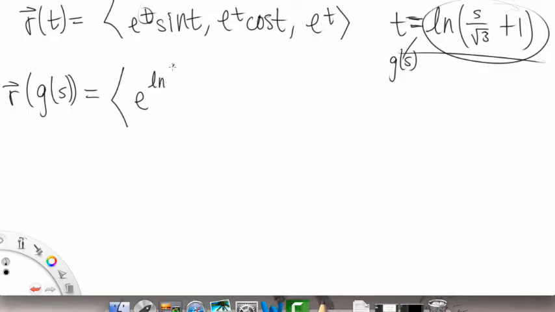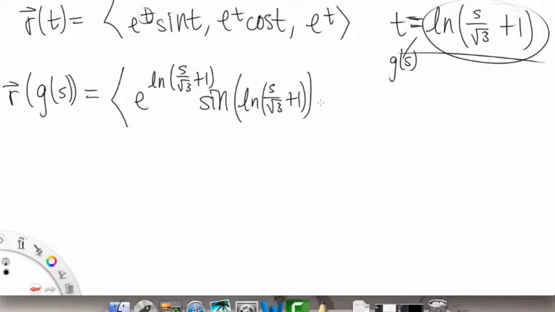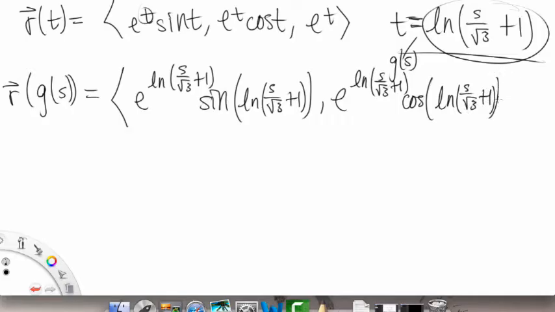So then we're going to plug in ln s over radical 3 plus 1 up there in the power, sine times this thing, ln s over radical 3 plus 1, comma, e to the same thing, ln s over radical 3 plus 1 times cosine of that same thing, ln s over radical 3 plus 1, and lastly, I'm going to squish it in here, e to the ln s over radical 3 plus 1. Sorry, I had to squish that. And then there's an arrow bracket at the end. I should really think about spacing that correctly the next time.